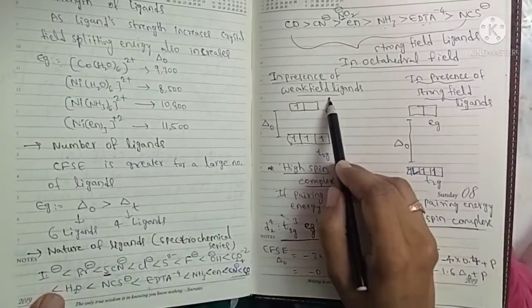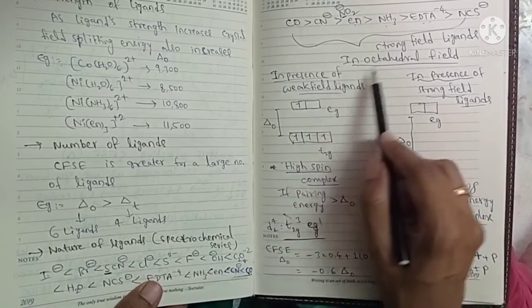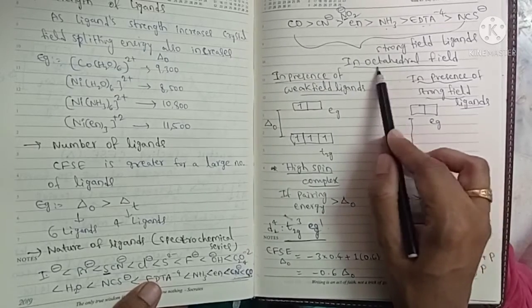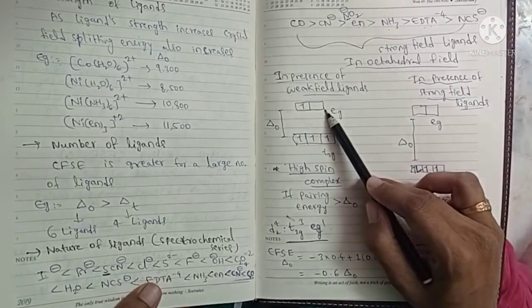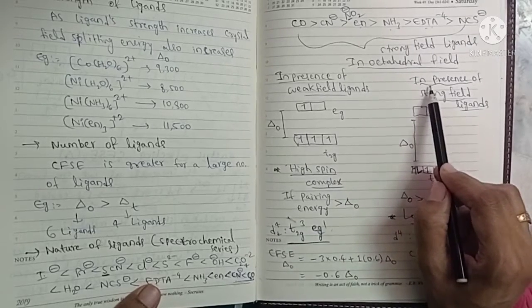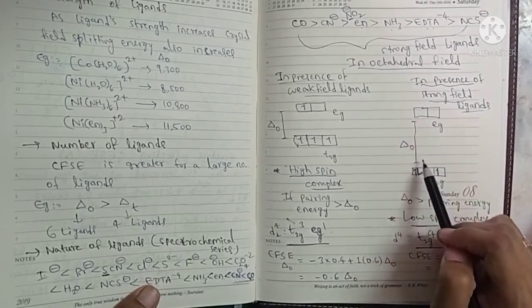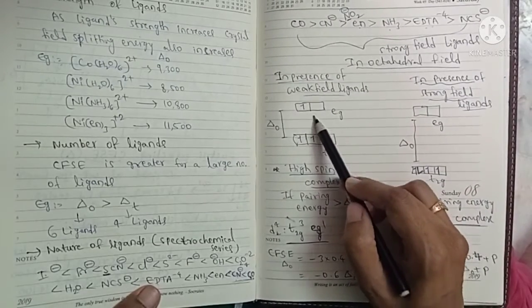If you observe this diagram, this is in presence of weak field ligands. We are seeing this splitting energy in an octahedral field. This is in the presence of weak field ligands, and this is in presence of strong field ligands. So if you observe, this gap will be higher than this gap.